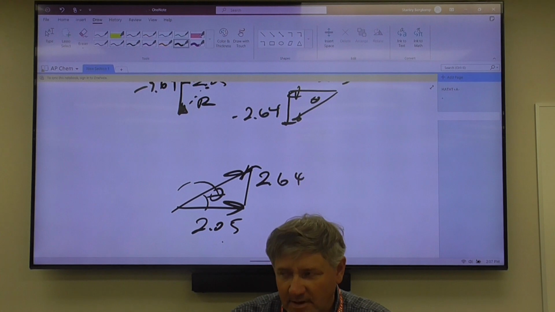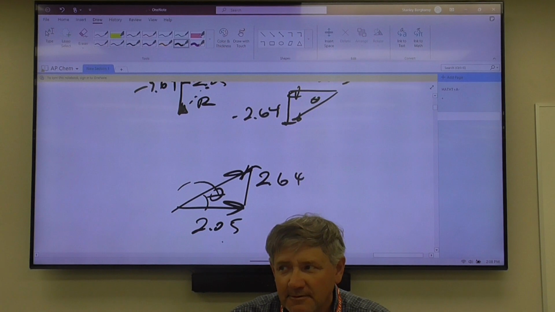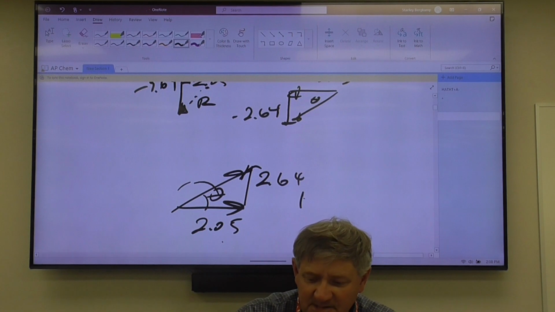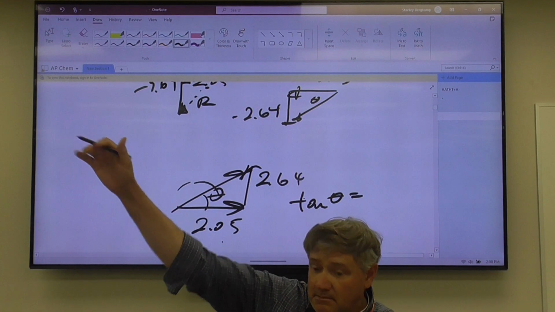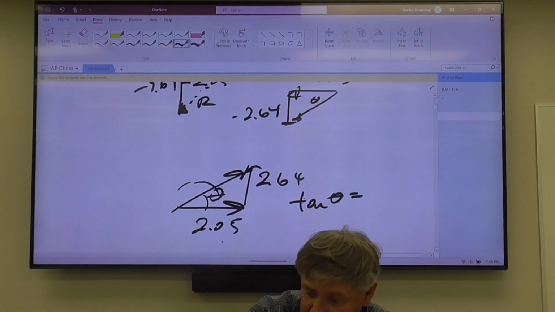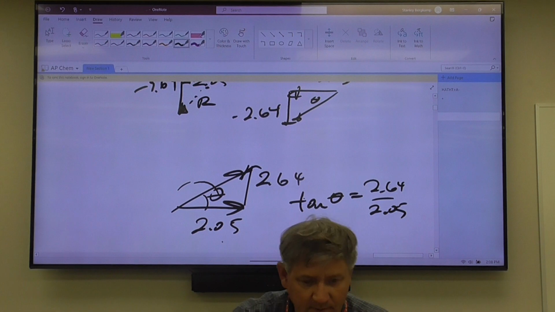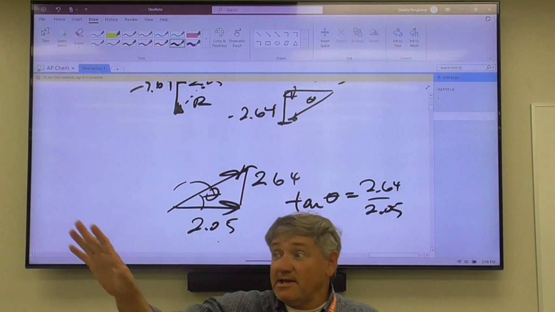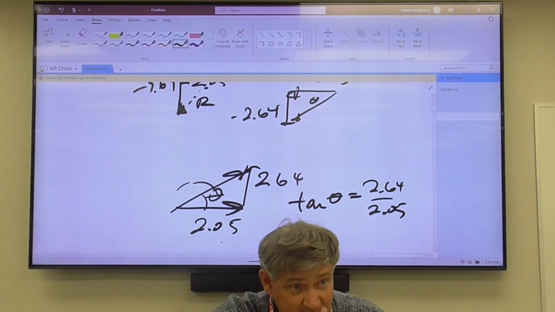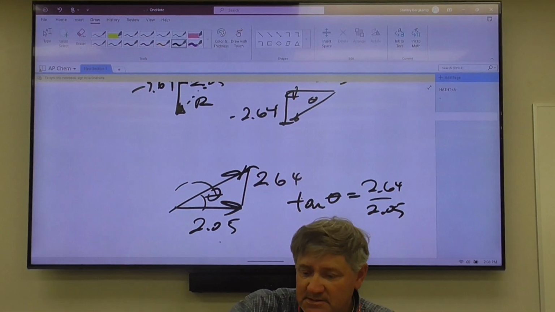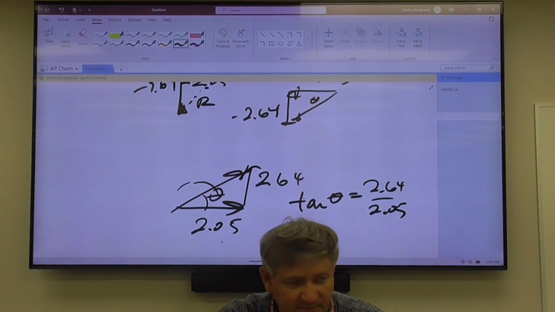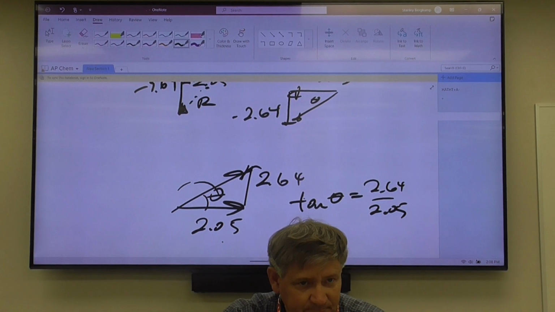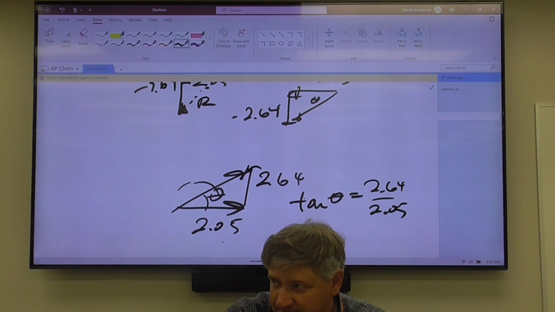Let me give you a hint, it rhymes with tangent. Tangent. Because the tangent of an angle is going to equal what? Y over x, opposite over adjacent. So 2.64 over 2.05. Again, old school, this is what I would do. Somebody take 2.64 and divide that by 2.05. Just give me the number.